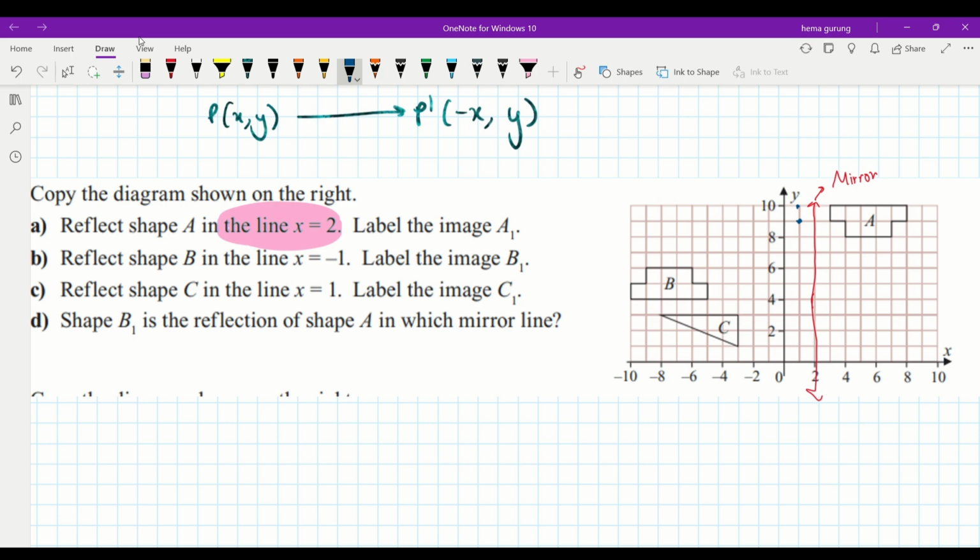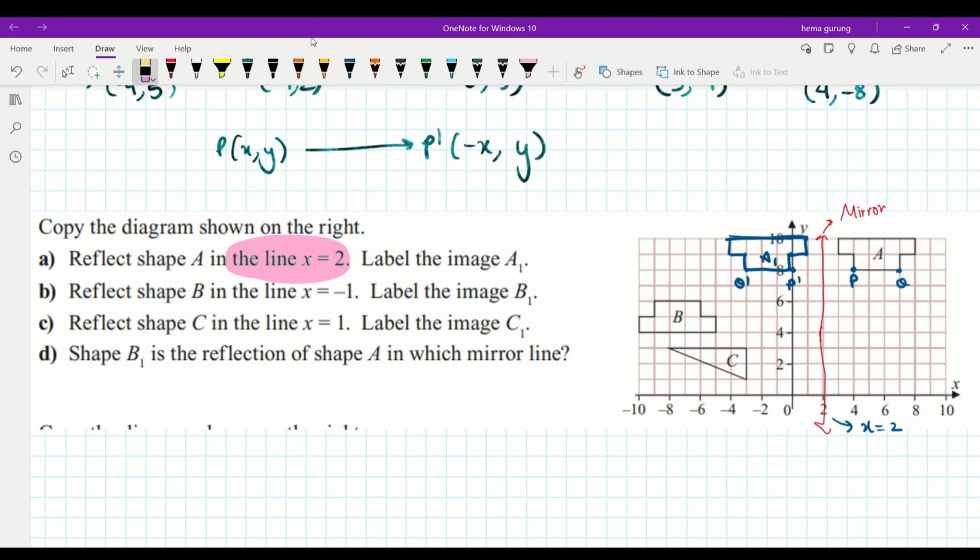So 1 unit gap and then 2 units, right? 2 unit gap here, then 3, 3 and this. You just analyze here, estimate it. This is A1. That's the image which you will get after reflecting it in the line x equals 2.